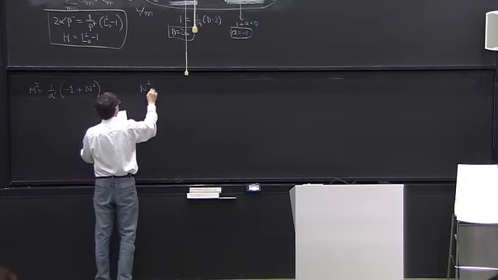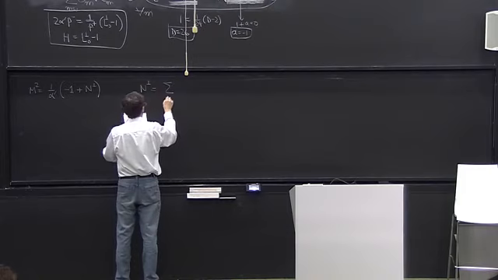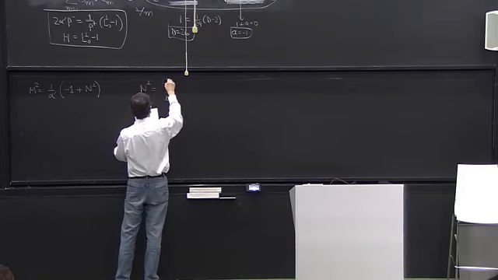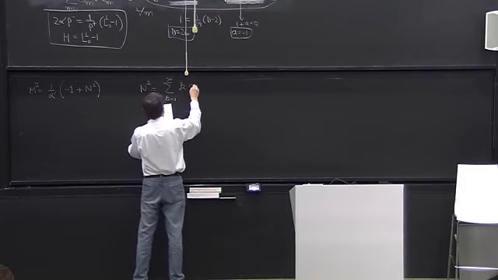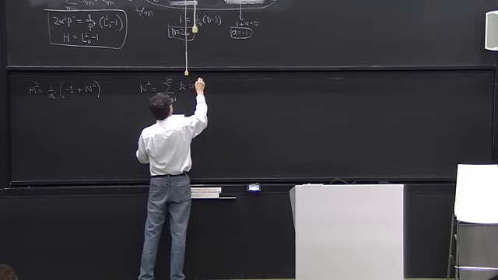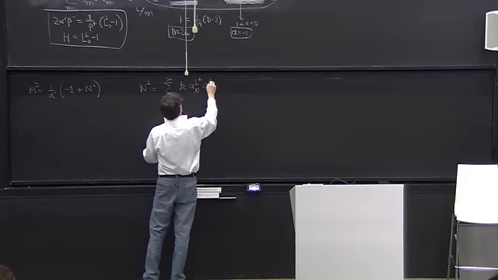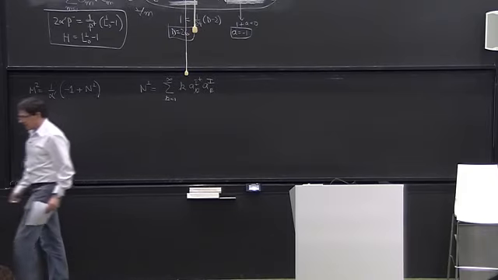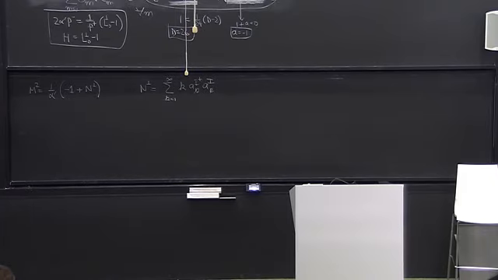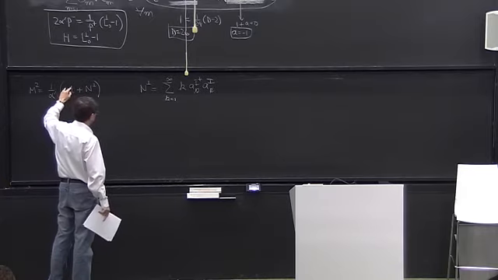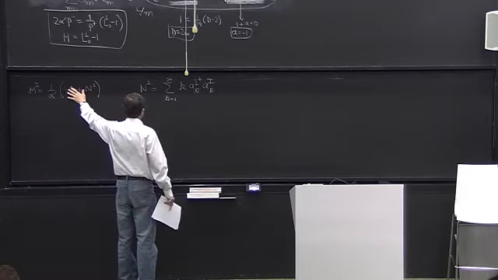And that transverse number operator was the sum from k equal 1 to infinity of k, a_k^I dagger a_k^I. So let's make sure you remember this. This came from L0. This is sort of the L0 minus 1 contribution.